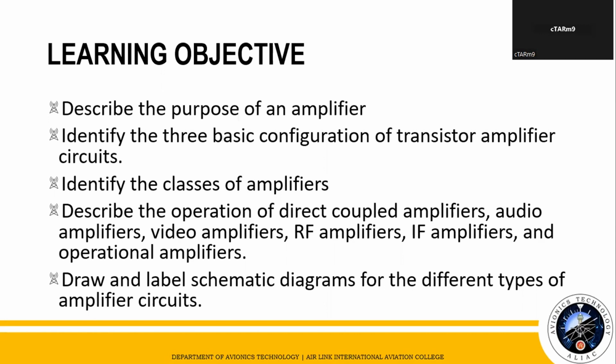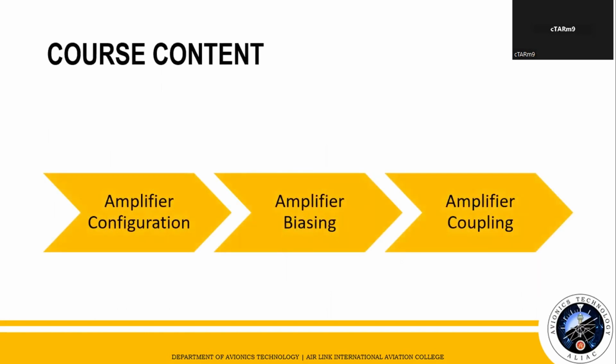And a circuit designed to convert low current to high current is called a current amplifier. The course content of this module is amplifier configuration, amplifier biasing, and amplifier coupling.